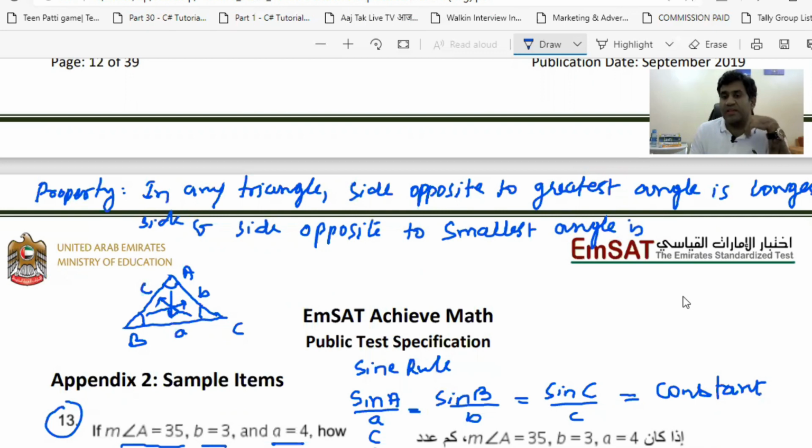The smallest angle has the smallest or shortest side. So I can make use of this property here. The side opposite to the greatest angle will be the longest, and the side opposite to the smallest angle is the shortest. So I can use this property.